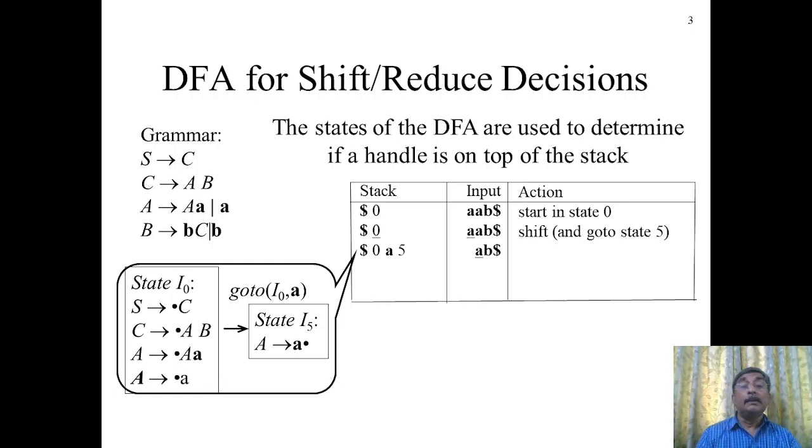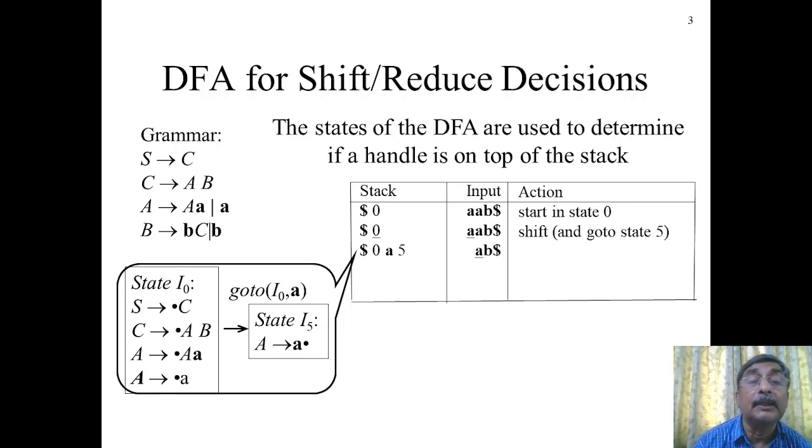It says that you should go to I5, and that means you put this dot across the small a, which means that you shift this input symbol to the stack.